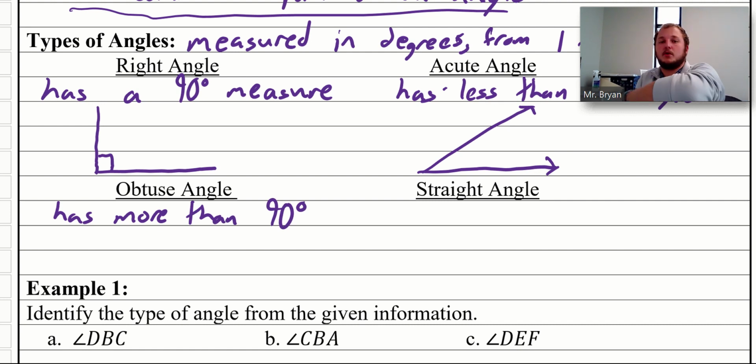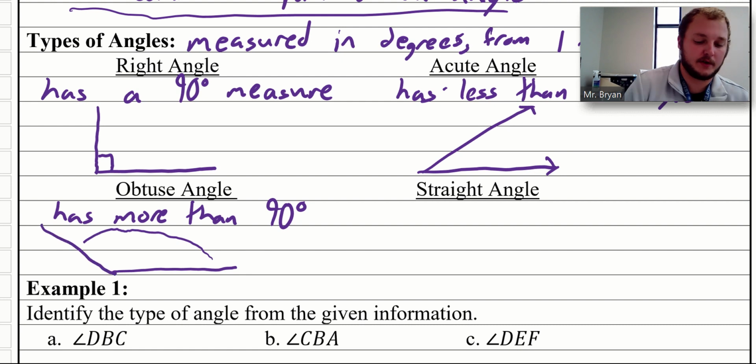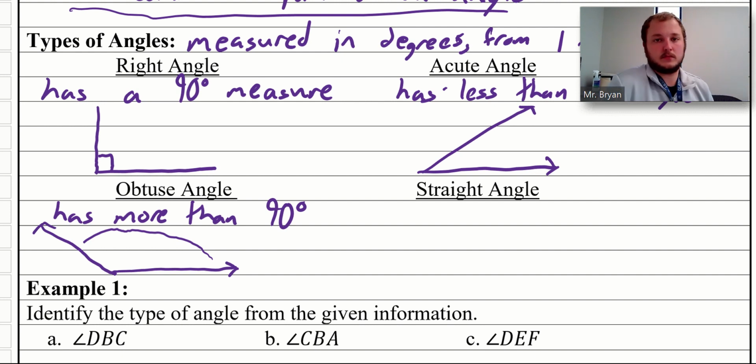So if I'm rotating around that circle, I go past 90 degrees and I keep going. In this case, we'll draw our flat line. We start going through here. This is 90. We keep going, and we can stop anywhere over here. It has more than a 90-degree angle. Again, you're just thinking about rotating around a circle, and the whole circle is 360.